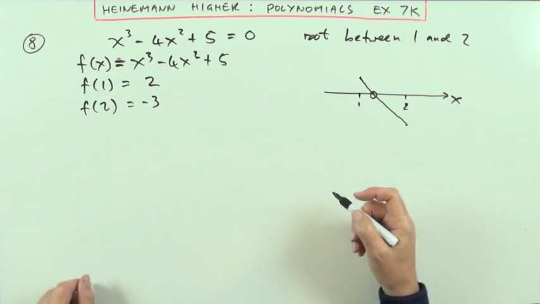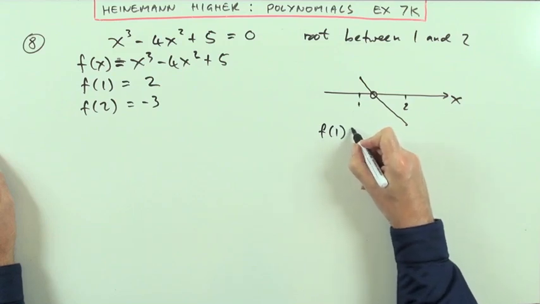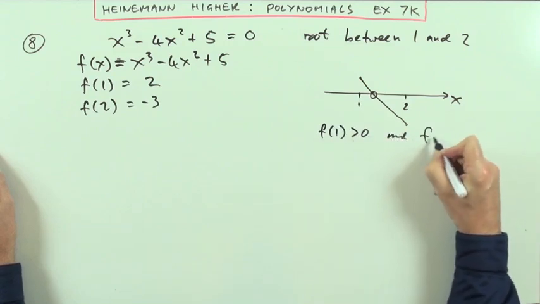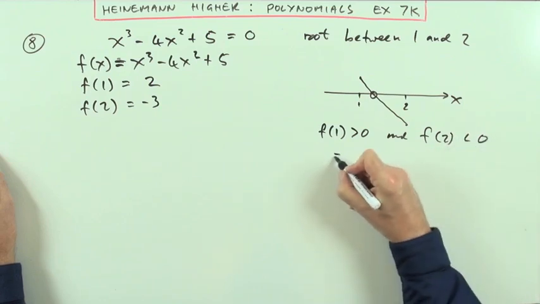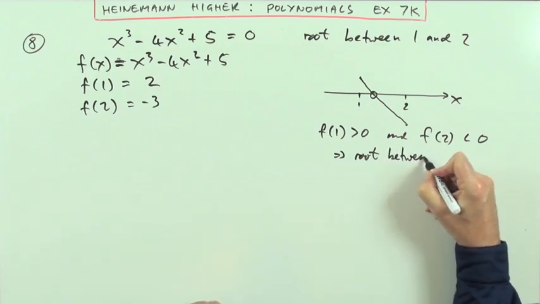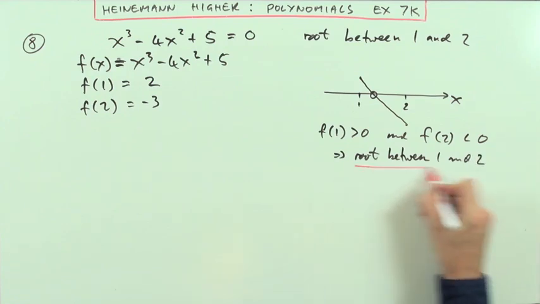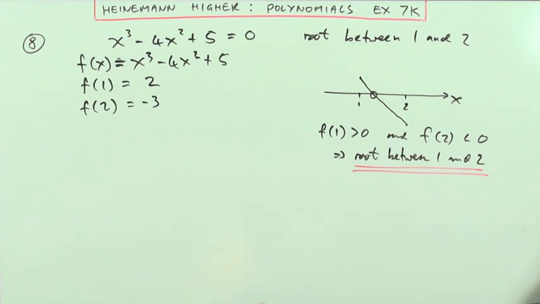So the first bit which says, show it's got a root between 1 and 2, well, I'd say this. F of 1 is greater than 0, and f of 2 is less than 0, which means that there's a root between 1 and 2. So that'd be the first bit.